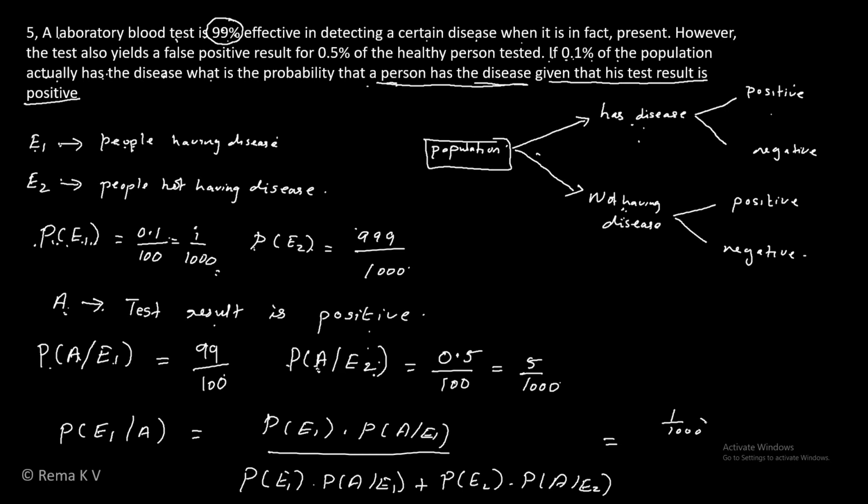1 by 1000 into, this can also be written as 990 by 1000, because all other denominators are 1000 here.